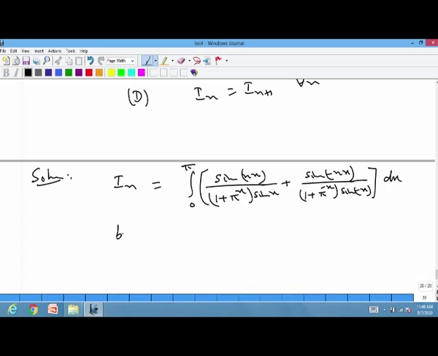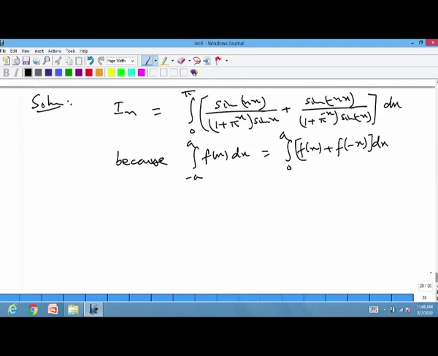This is because the integral from minus a to a of f x dx is nothing but the integral from 0 to a of f of x plus f of minus x dx. Now, if we add these two, you see that I n is nothing but the integral from 0 to pi of sin n x by sin x dx. The other thing adds to 1. So, we get this.